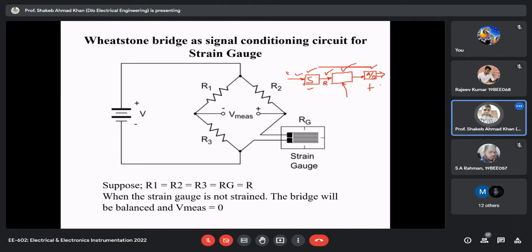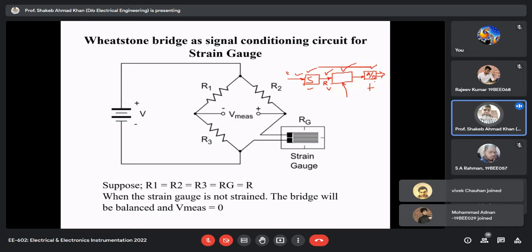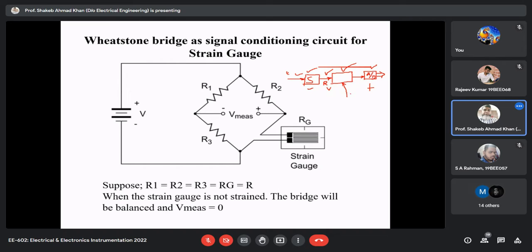Now, how can we convert this resistance into a signal that will be suitable to be given to the A to D converter? Whatever circuits you use in between to convert the output of the strain gauge into a suitable signal which can be interfaced with the A to D converter, these circuits are called signal conditioning circuits. What kind of conversion or change we require, that I am trying to find out through you.